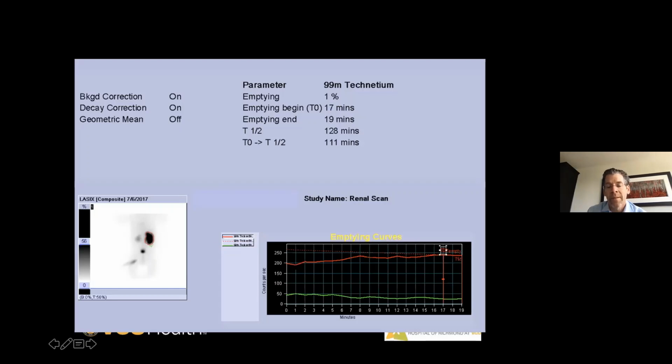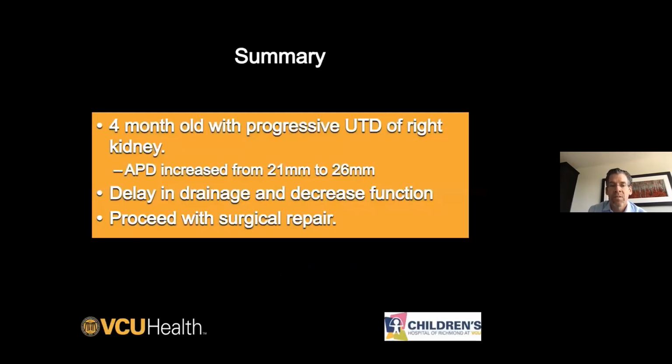But nonetheless, the red curve shows that this clearly is not draining, and in essence is infinity. And the green, the left kidney, is already drained. I don't have that to demonstrate to you on the slideshow. So in summary, this is a 4-month-old with progressive dilation of the right kidney. It's increased to 26 millimeters by 4 months of age.